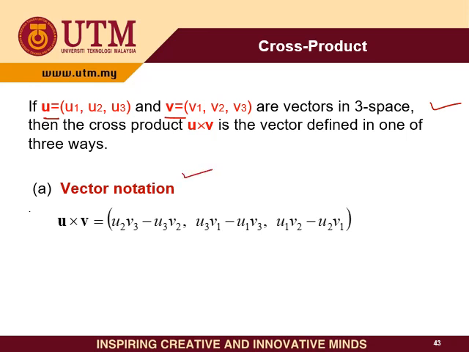The first one using vector notation. For the first one here, it is without u1 and v1. Okay, and then the second one here without u2 v2, and the third one here is without u3 v3.